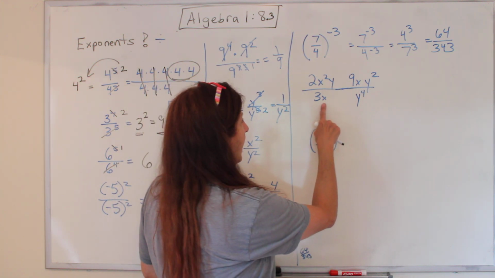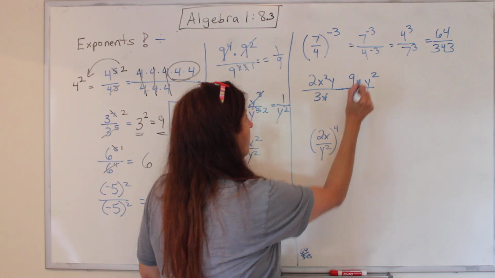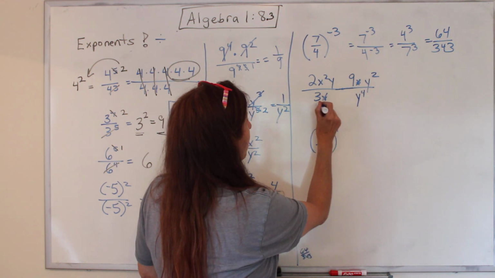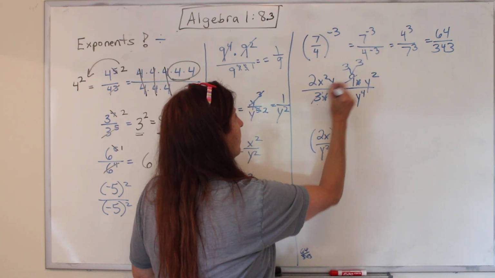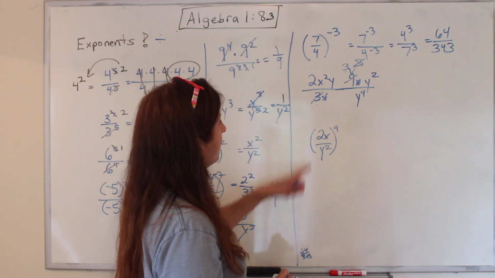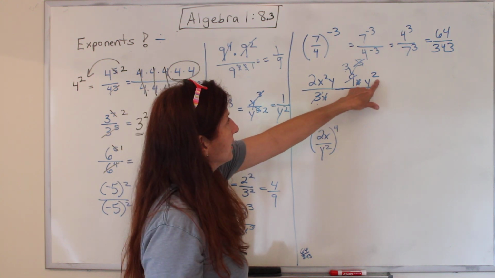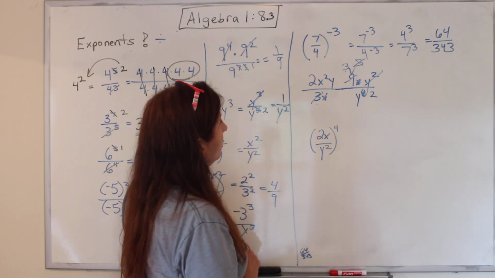Okay, I have an X down here and an X up there. I'm marking those out. Okay, I've got a 3 here and a 9, which is made out of 3 times 3 here. So those get marked out. One 3 gets left, but one got marked out. Okay, I have 4 Y's here and 2 here. These two mark out 2 of those.